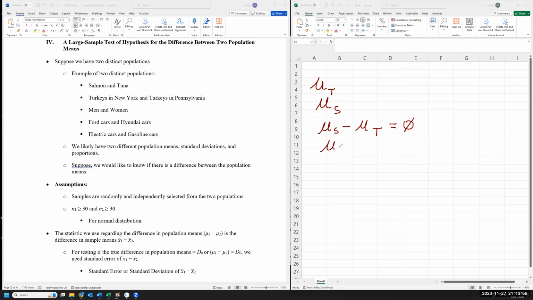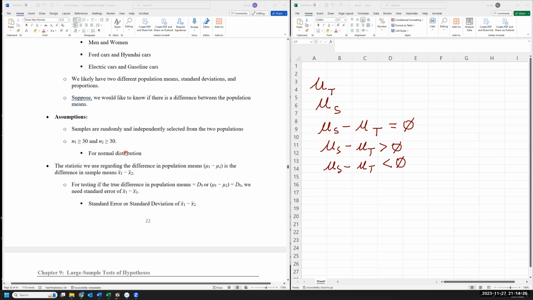Or maybe salmon lay more eggs than tuna, then we should expect this difference to be greater than 0. But if salmon lay fewer eggs than tuna, then we should expect this difference in the averages to be less than 0. So that's the kind of testing we are going to do here.